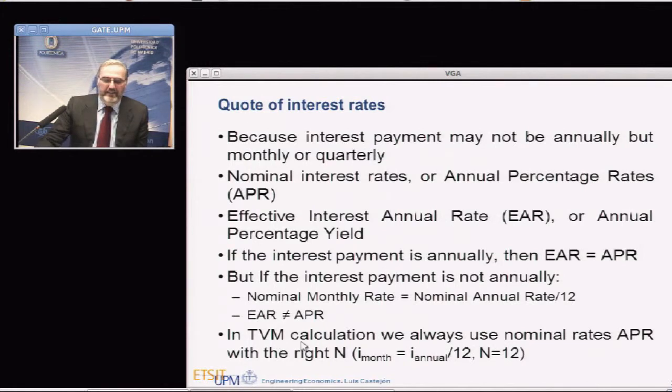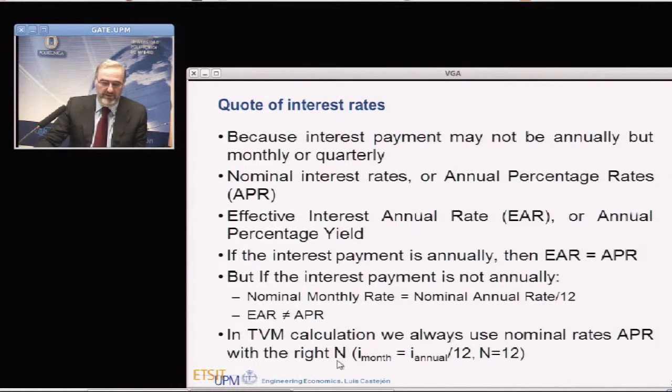So what interest rate do we use in time value of money calculations? We always use nominal rates, annual percentage rates or monthly percentage rates, but always nominal rates. For example, if we decide to make our calculation in months, the term will be the number of months, not the number of years.